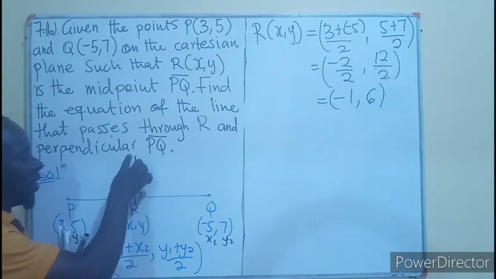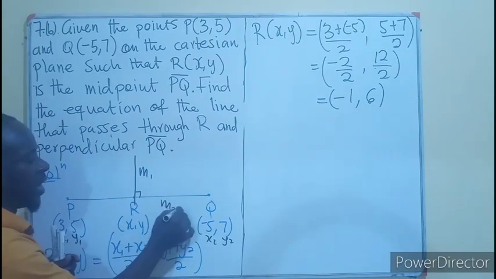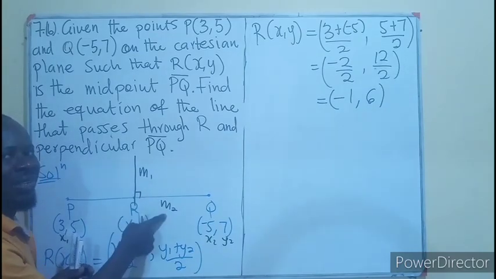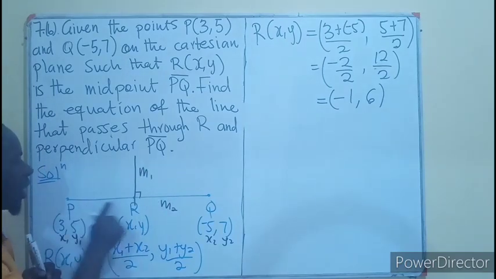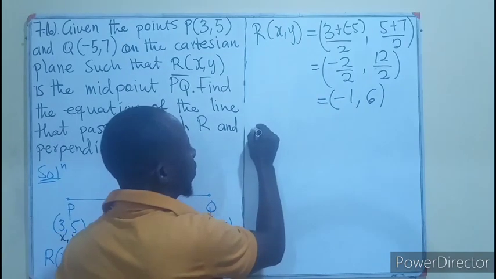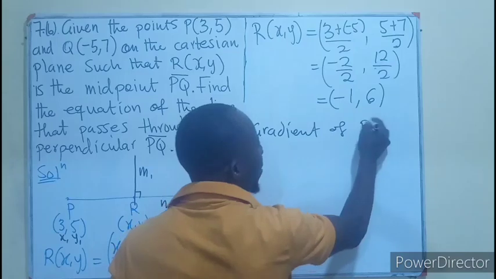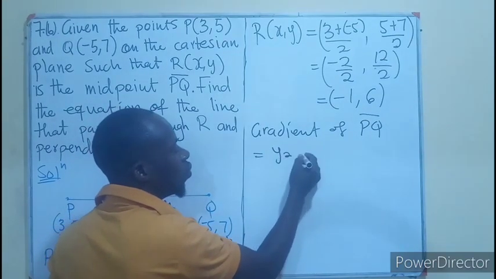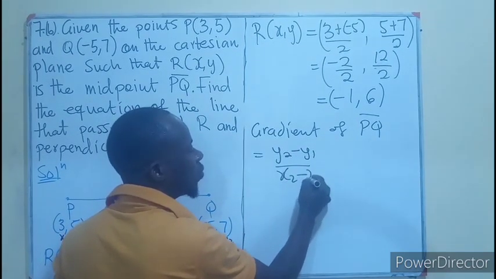If two lines are perpendicular, the gradient of one is the negative reciprocal of the other, or the product of their gradients gives negative 1. So for me to get this gradient, I need to know the gradient of the line PQ, which is y2 minus y1 over x2 minus x1.